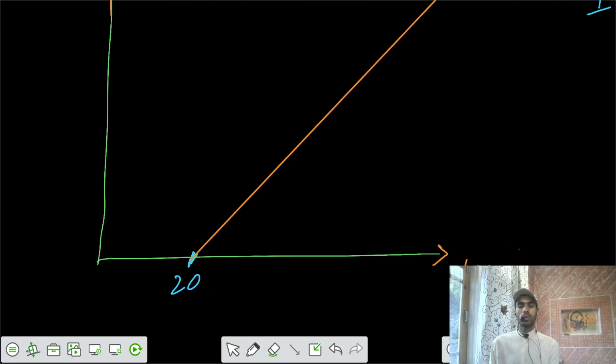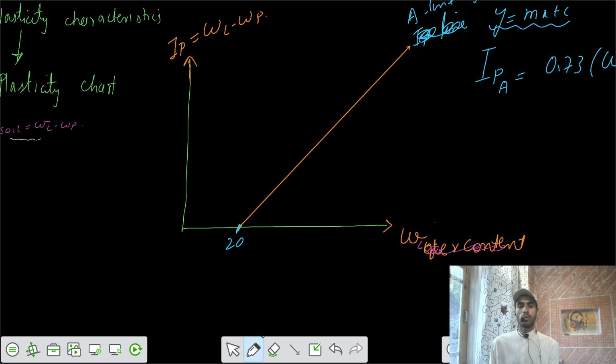Let's say the liquid limit for your soil is somewhere here. But what's my value of IP? It can be either above the line or below the line.